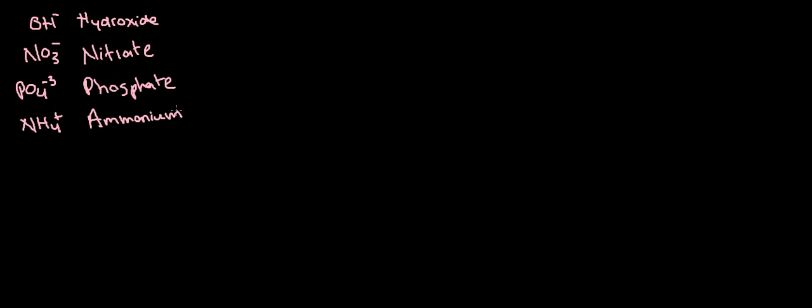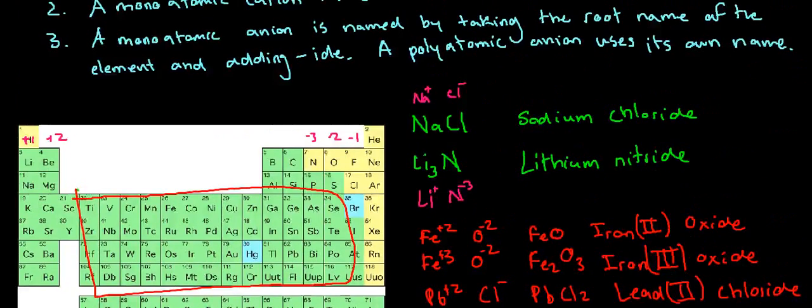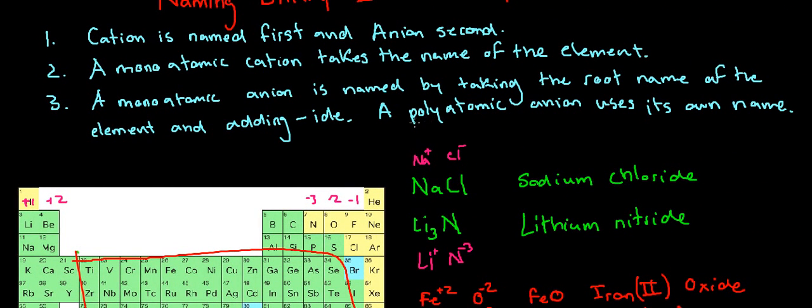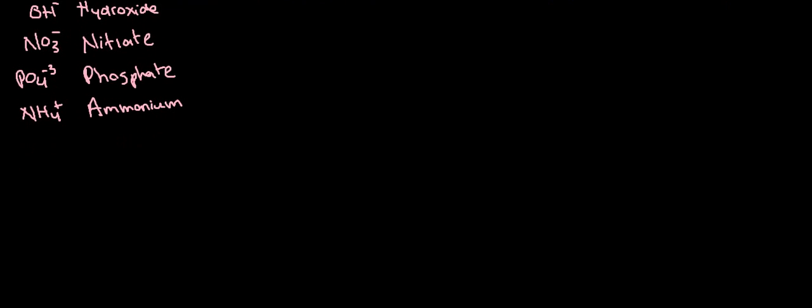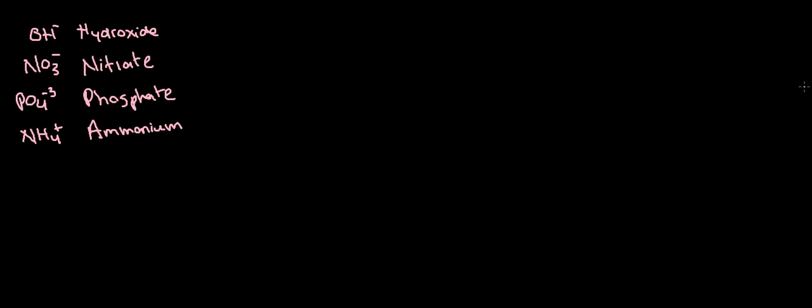Now the names work exactly the same way as they did before, except that when naming the anion, I don't put IDE at the end, I just use the name. So for example, if I wanted to do NaOH, the cation, oh, I forgot the Na. Cation is Na plus, which is sodium.